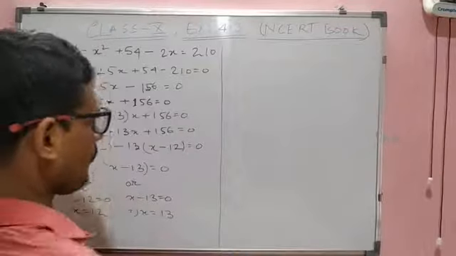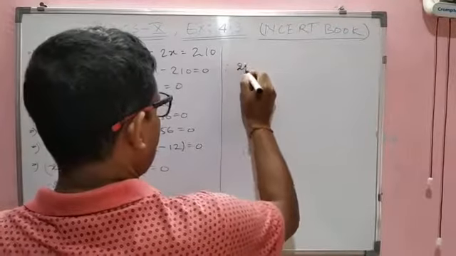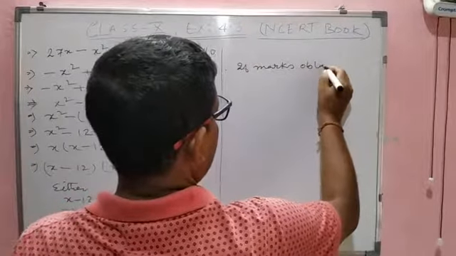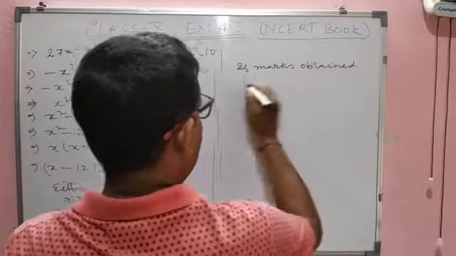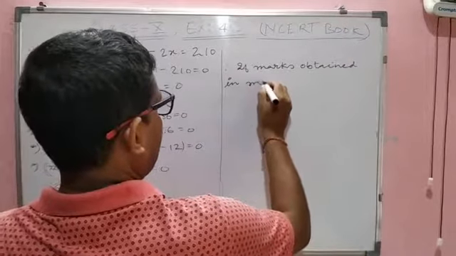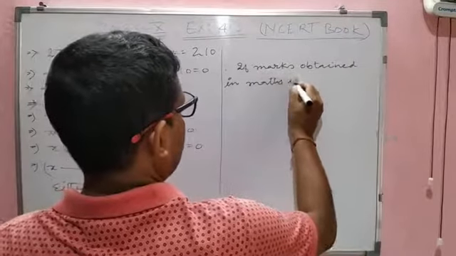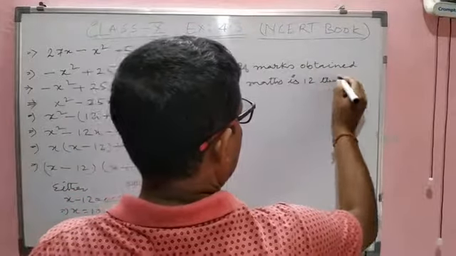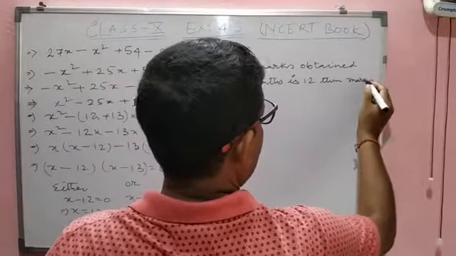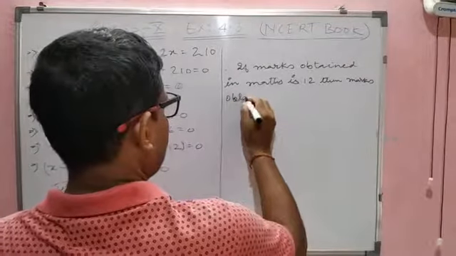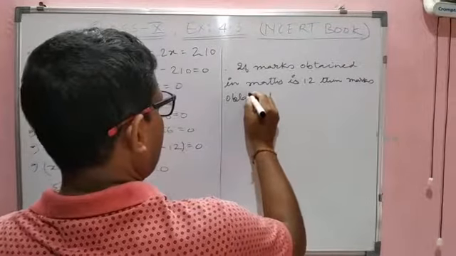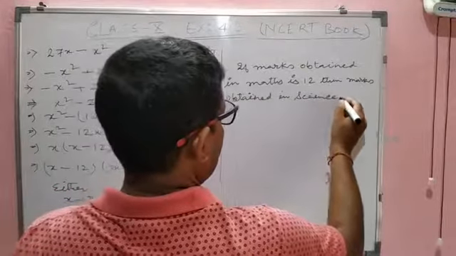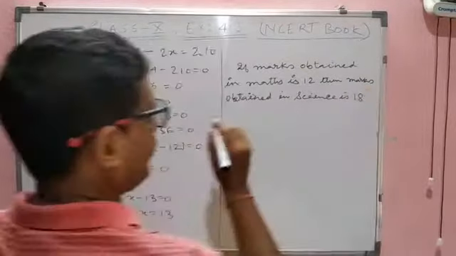So therefore, if marks obtained in maths is 12, then marks obtained in science is 18. First condition is this.